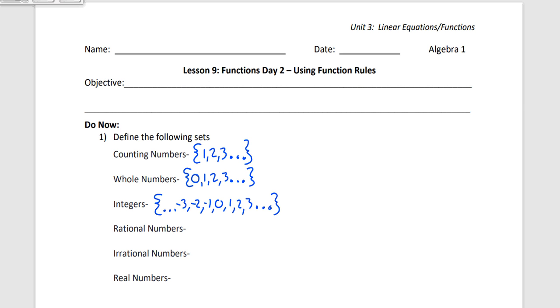Rational numbers, we can't really write in set notation because there are just so many rational numbers. Rational numbers are numbers that can be written in the form of A over B, where A and B are integers.